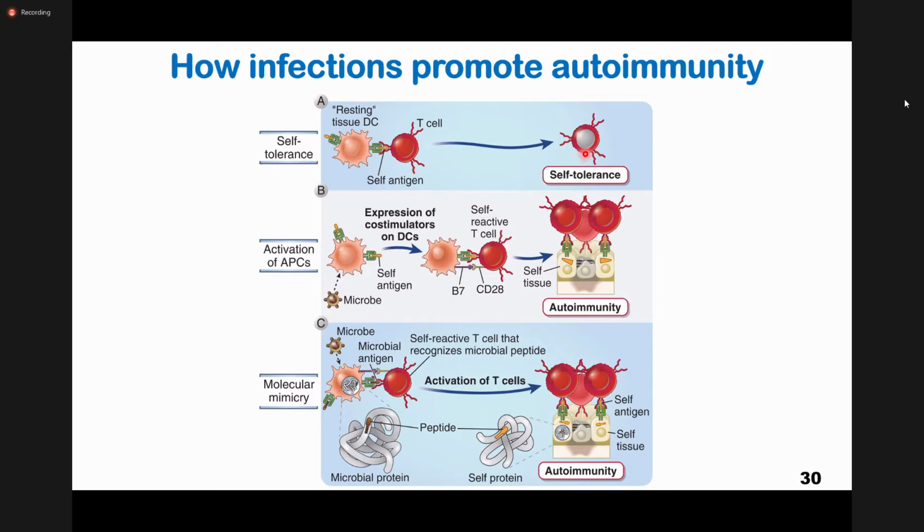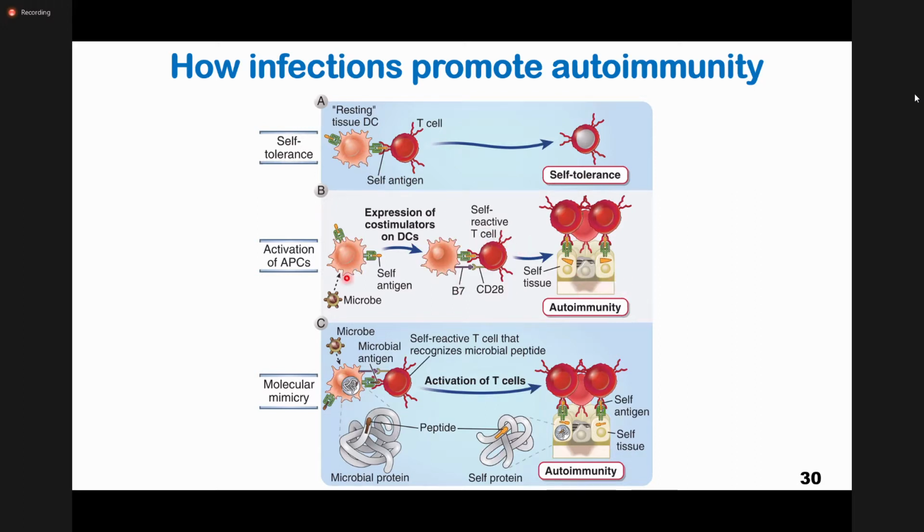So they tolerate, but if microbes activate the APC while you have the self-antigen, it will mimic here, activate the antigen presenting cells and co-express stimulatory molecules, and then you have self-reactive T cells causing autoimmunity.